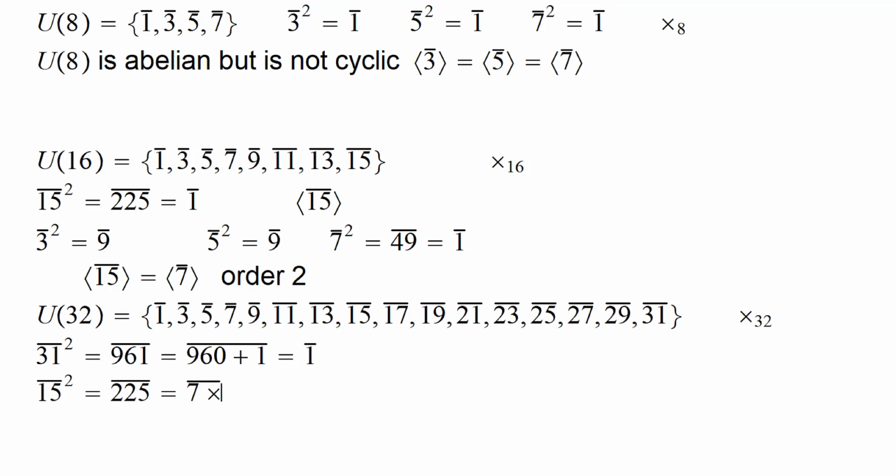So here we get 7 times 32 plus 1, and this will also become a 1, right? So in this case, what happened was we found two distinct subgroups, 31 and 15, which are of order 2, but they are distinct, right? And again, if this U32 is cyclic, then the fundamental theorem is contradicted.